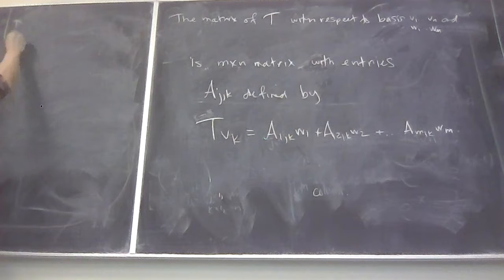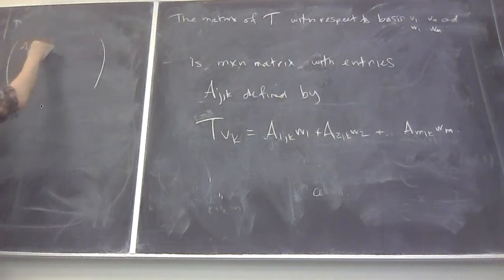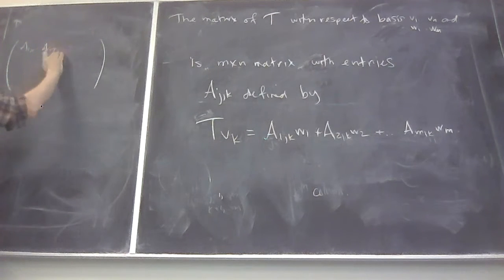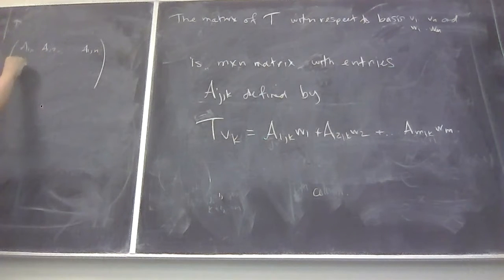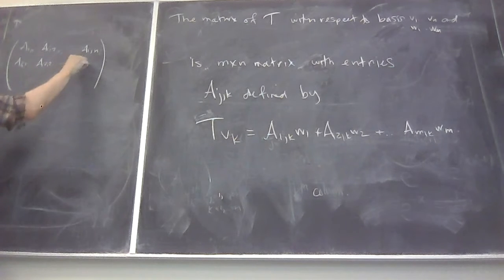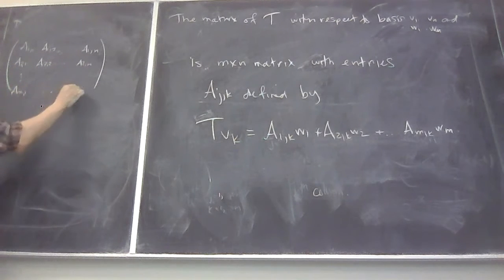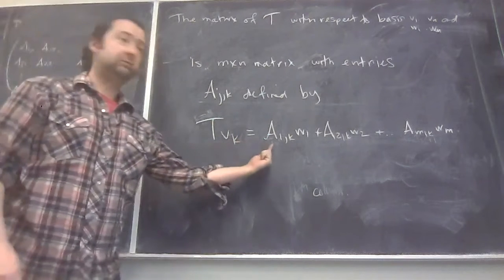So the first thing is, remember A11, A12, dot, dot, dot, out to A1n, and then A21, A22, out to A2n, and then we go all the way down to Am1 and Amn. What number is changing when I do that? The first or second entry? As I go down this list of the A's, what's changing?